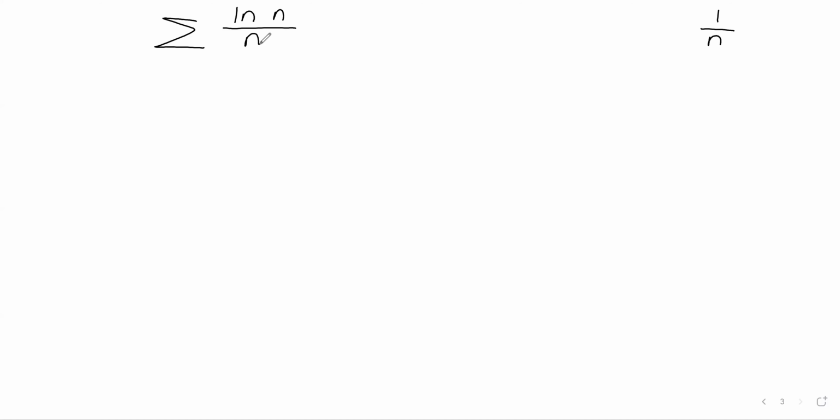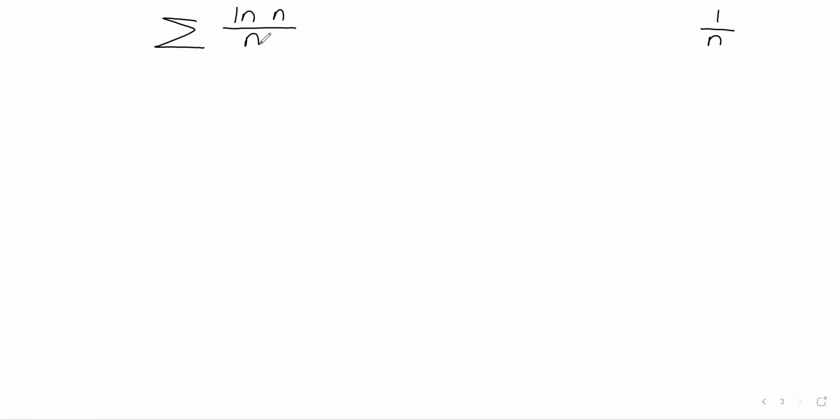We know that 1 over n diverges. We know that's harmonic. Our guess, now I say our guess as if I didn't write the problem, but a reasonable guess would be that maybe this diverges.